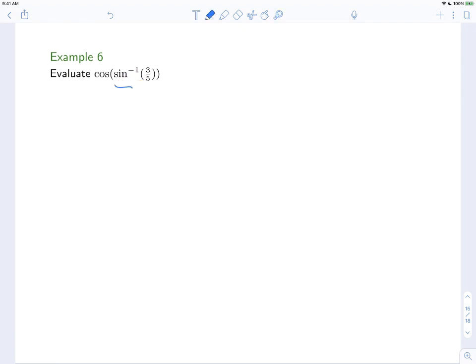So this value right here is going to be some angle. So we want to compute cosine of theta, where theta is equal to sine inverse of 3/5. That's our objective.